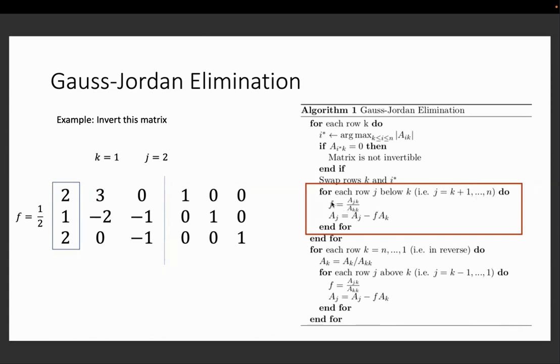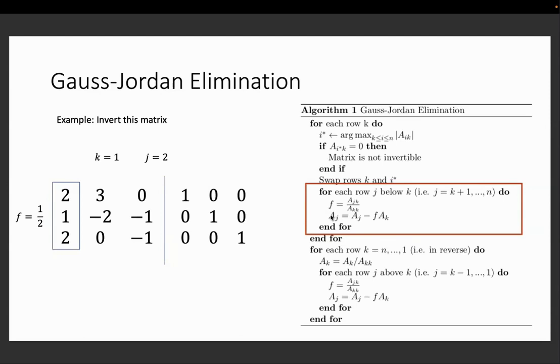So in this case, we compute a coefficient, a scale factor here, which is f, equal to A j k. Here j is equal to 2 and k is equal to 1, so A j k is A21, which is 1, divided by A k k, which is 2. So f is equal to 1 divided by 2, right?